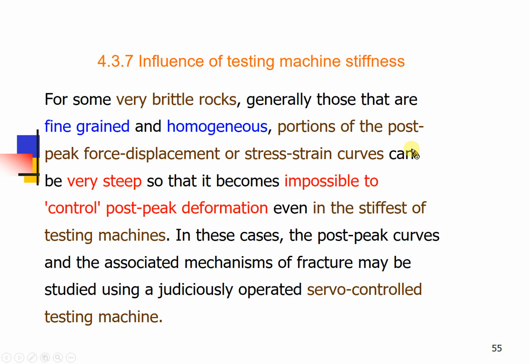Then if you find the drop has already stopped, or you don't really have any deformation, it means the rock is not really subject to the stress. You can sense this, and the computer will tell the machine to increase the load again. So this will be a kind of servo control.